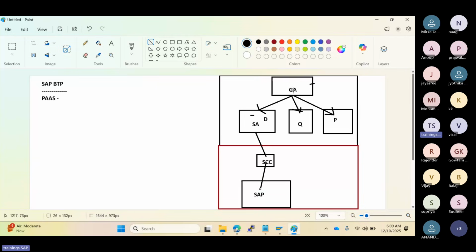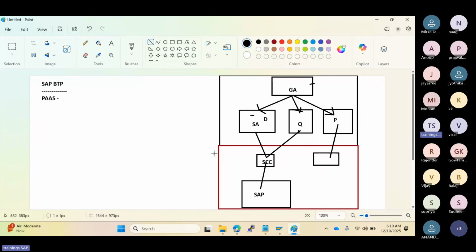In this way, we have end-to-end connectivity. You can use one cloud connector for all, or multiple cloud connectors: non-production systems in one cloud connector, and only production in another. How you want to manage that, we can manage it.